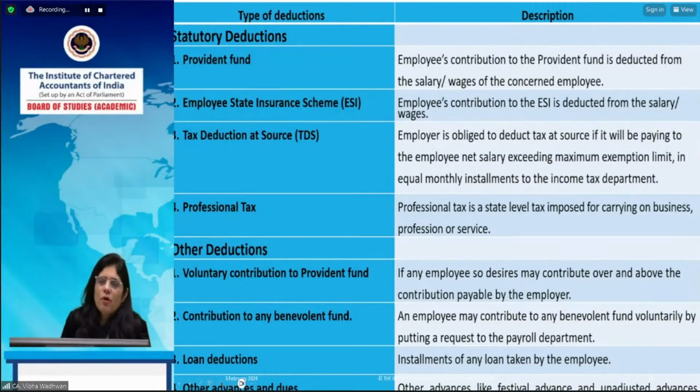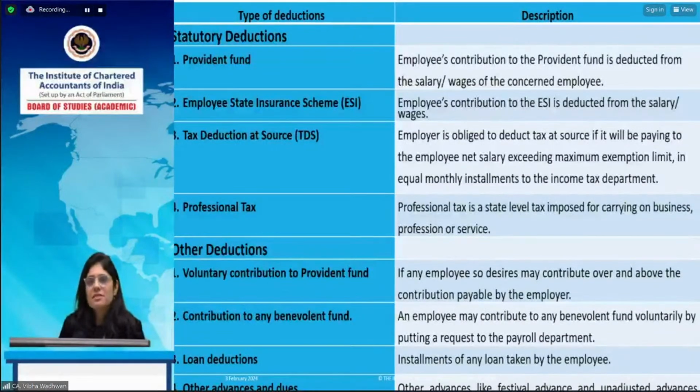The contribution of the employee towards provident fund and ESI is deducted from the salary, and then they are paid the salary. Clear? So employee state insurance, ESI, is again a social security fund, where the employee makes a deduction every month like PF. Clear? So TDS is deducted, professional tax is deducted.